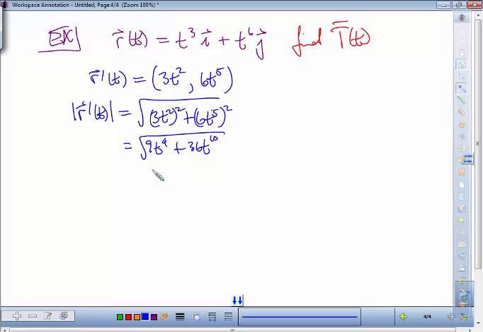Take out 9t to the 4th, and we have 1 plus 4t to the 6th. So we got a 3t squared sitting outside, if that's of any use.